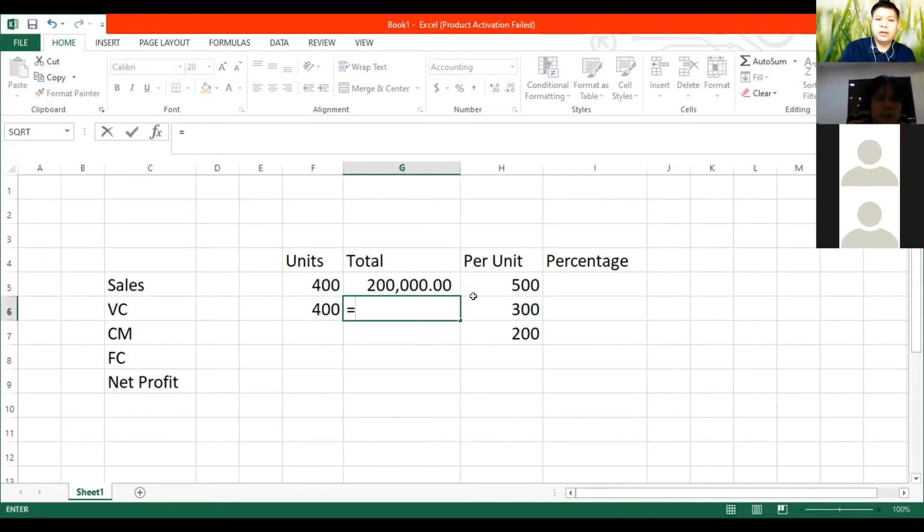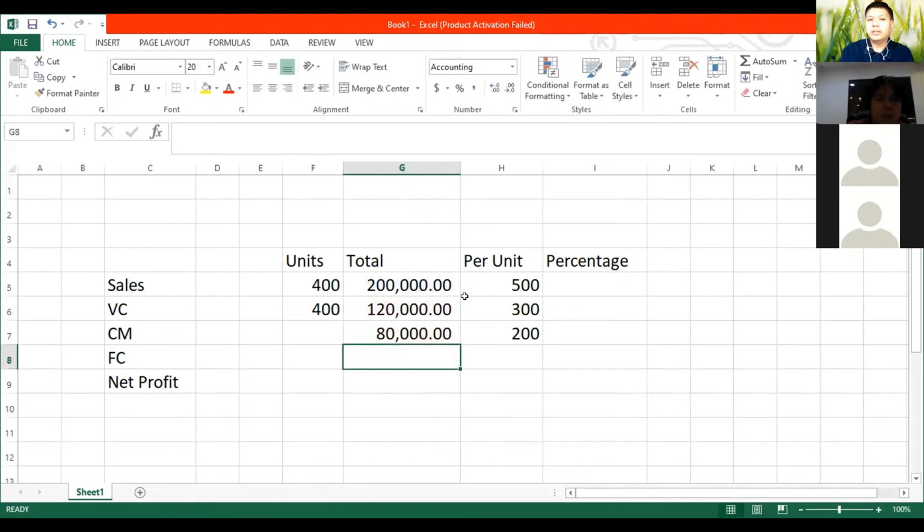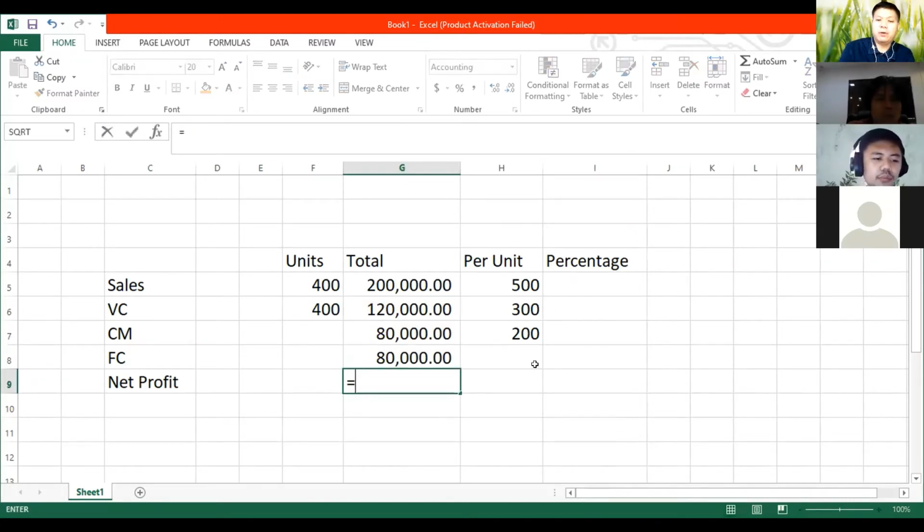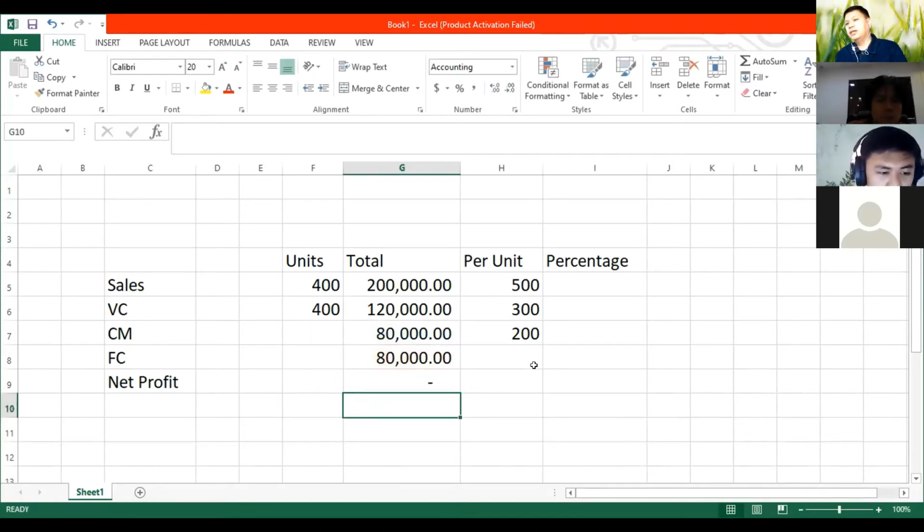Variable cost is 400 times 300. Okay, so the contribution margin total is 200 minus 120,000. That's 80,000. Fixed cost is 80,000. Therefore, your net profit is 80,000 minus 80,000. Did you get this? Okay, this is the contribution format income statement.